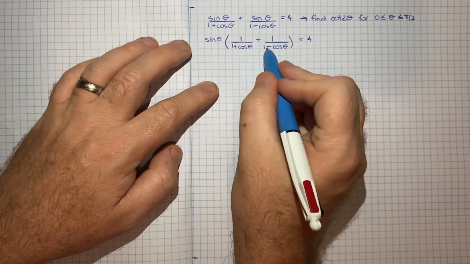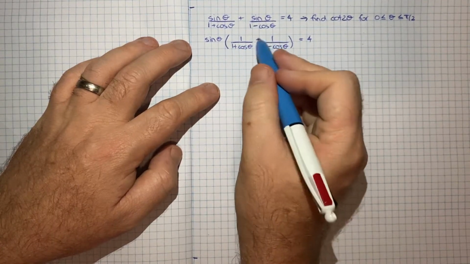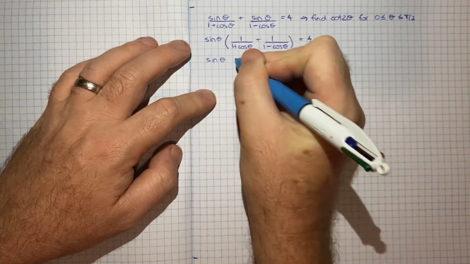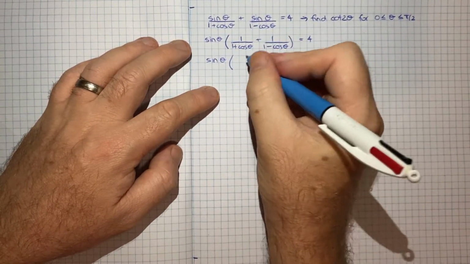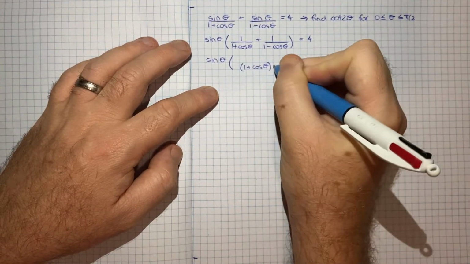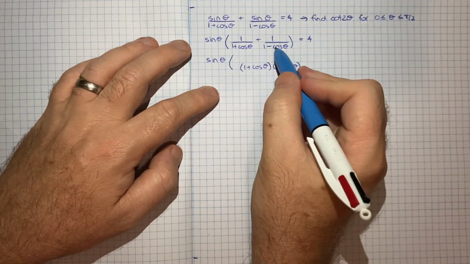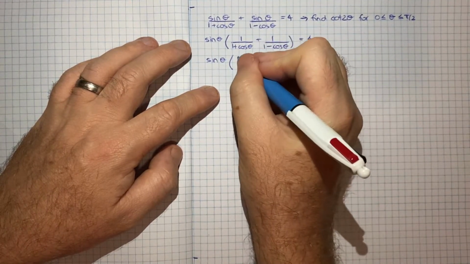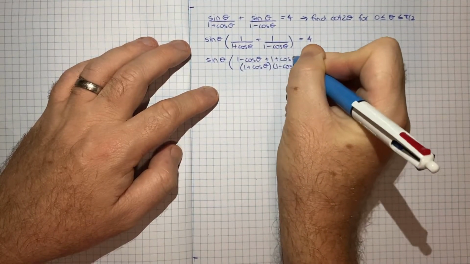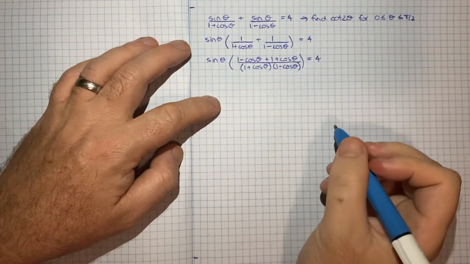And then I think if we get a common denominator in these fractions, we'll end up with a difference of 2 squares. So that will become sine theta, and in the denominator we're going to have 1 plus cos theta times 1 minus cos theta, and to get there we need to bring each of these up, so we'll have 1 minus cos theta plus 1 plus cos theta in the numerator, and that's all equal to 4 still.